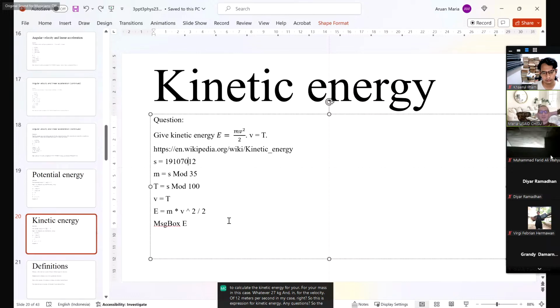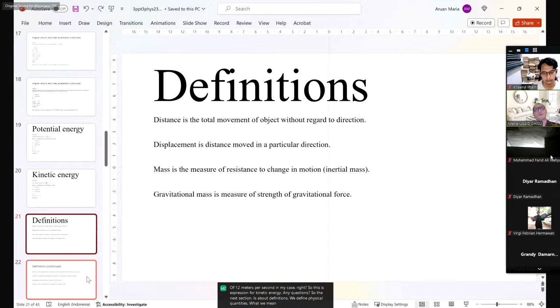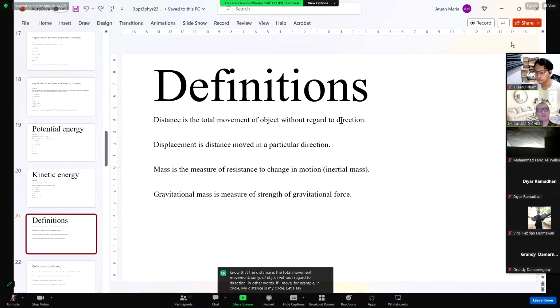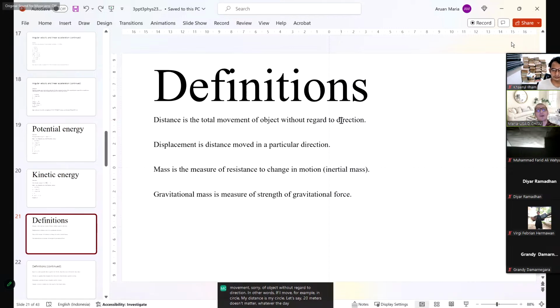So the next section is about definitions. We defined physical quantities, what we mean by what. So we know that the distance is the total movement of an object without regard to direction. In other words, if I move, for example, in a circle, my distance is my circle, let's say 20 meters, whatever the distance is, right?